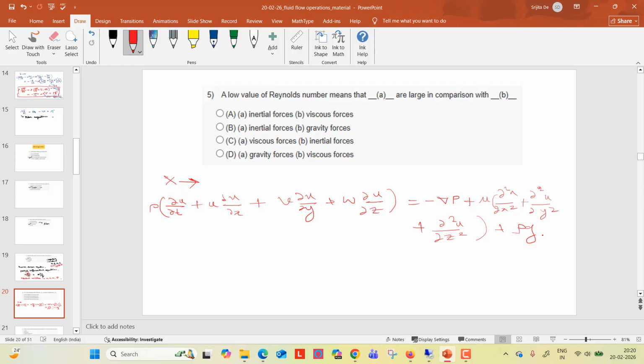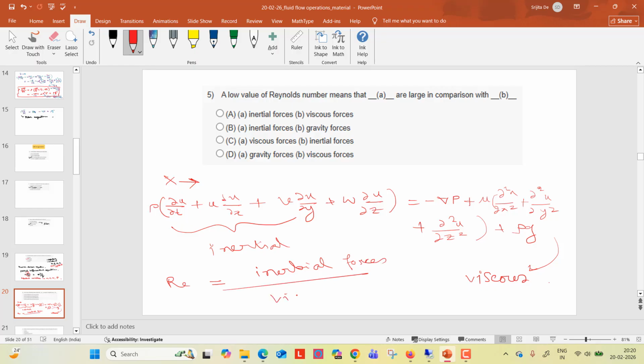So this is your inertial part, and in the right hand side comes the viscous part, right? So from the Reynolds number definition, what do we know? It is the ratio of inertial forces by viscous force, right?